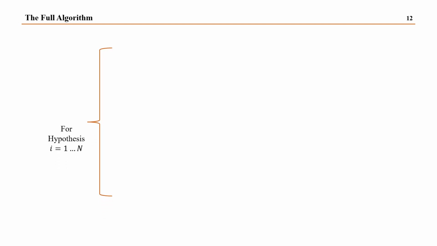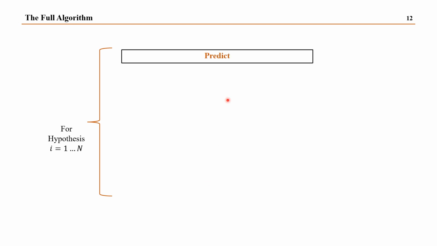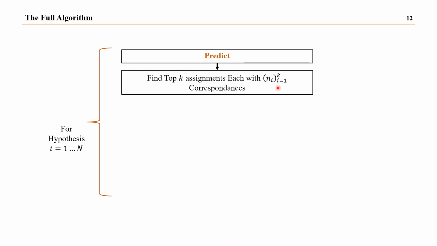Now we repeat the following steps for all hypotheses, i from 1 to n. First of all, we predict. In this case, we predict the hypothesis using the usual prediction steps in the Kalman filter. Then, using the measurement matrix that we just observed at this time instant, we find the top k assignments.